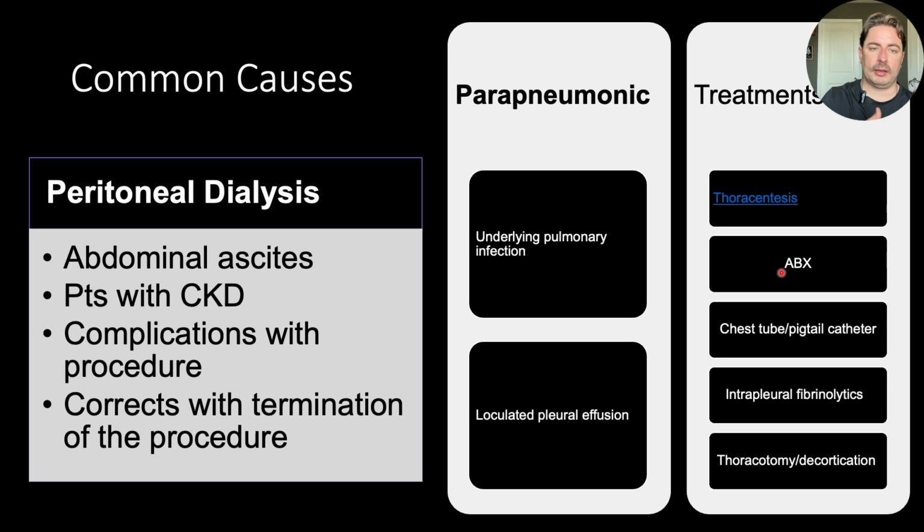Remember, we did that gram stain. We're doing the culture and sensitivity so that we can identify what germ is growing in that patient and get them on the appropriate antibiotics.